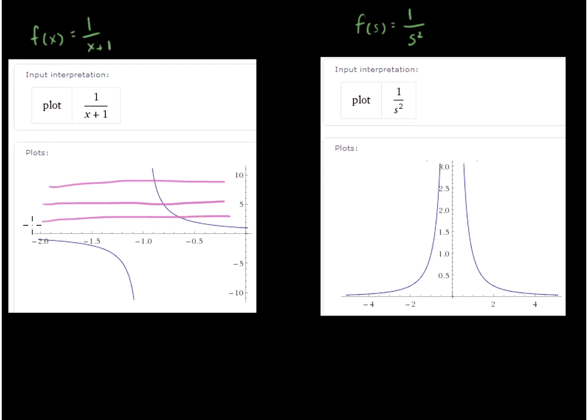Basically, if you can draw a horizontal line, and that horizontal line intersects the graph at 2 spots or more, then your function is not one-to-one. So as you can see here, it only touches at one point, so your function is one-to-one. Of course, it's just undefined here at x equals negative 1.